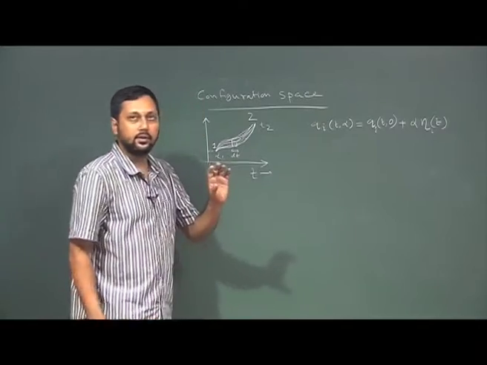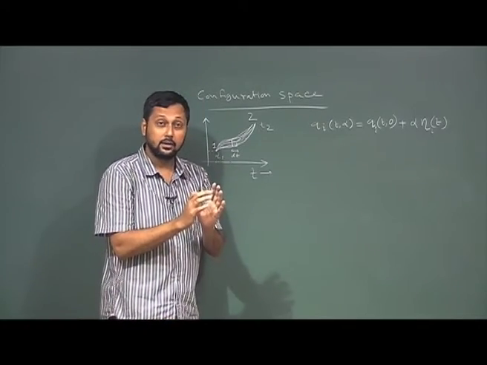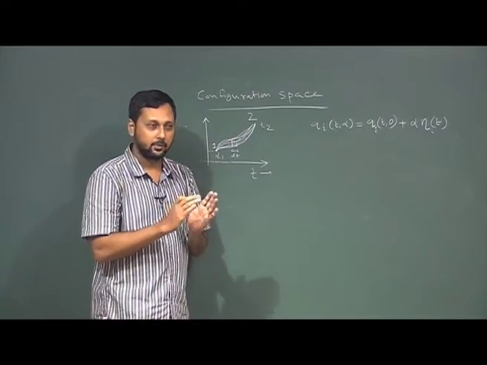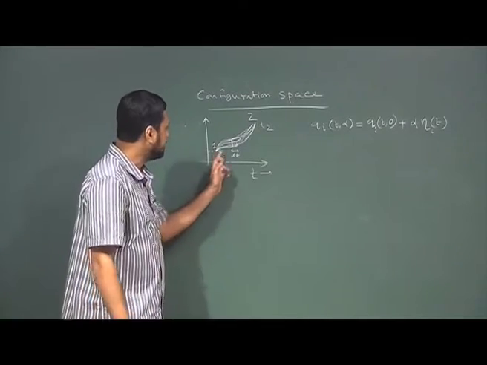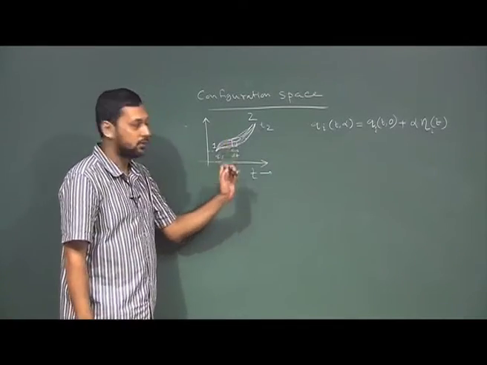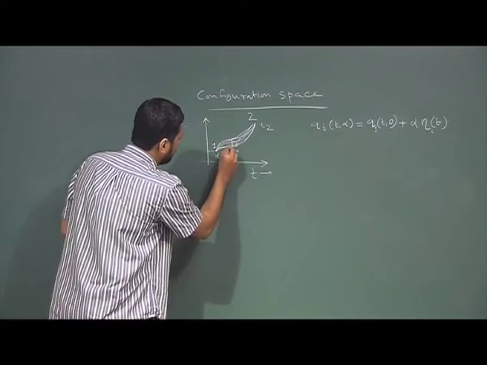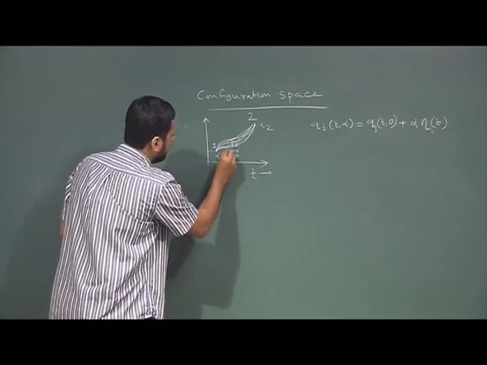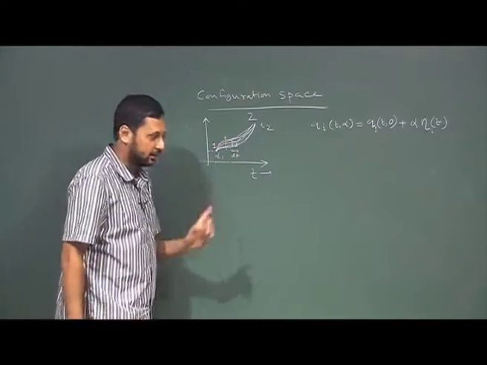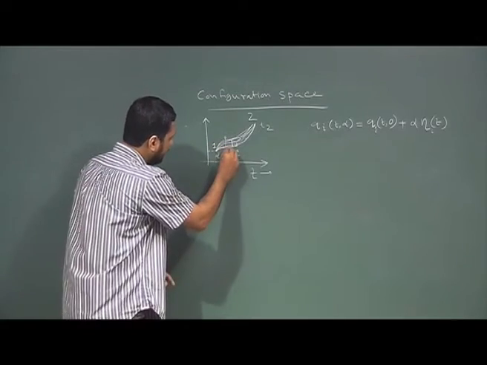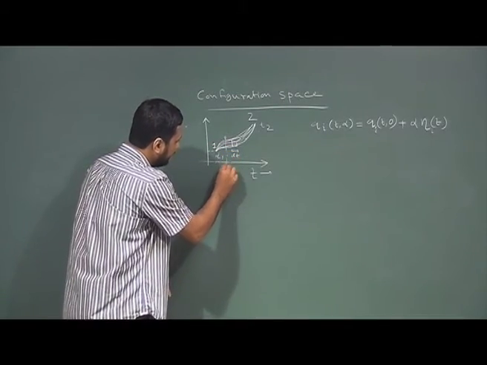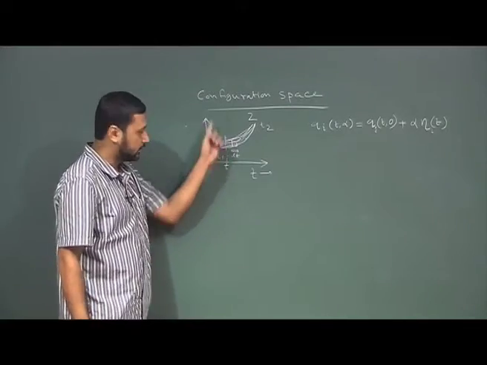So, what we are doing is decoupling the time variation of a particular coordinate. What is changing between two paths? Please understand that as we move from one path to the other, along a path where t is fixed, these are all virtual displacements.